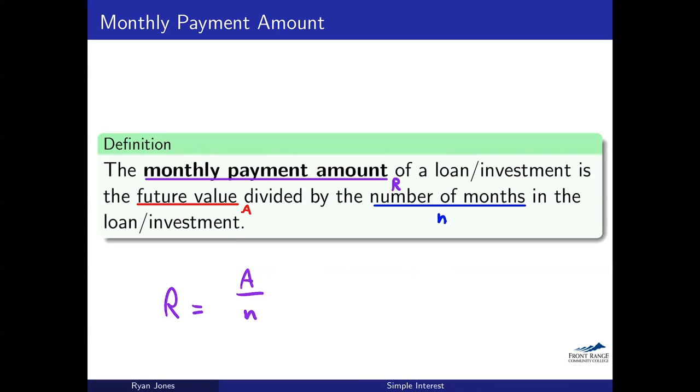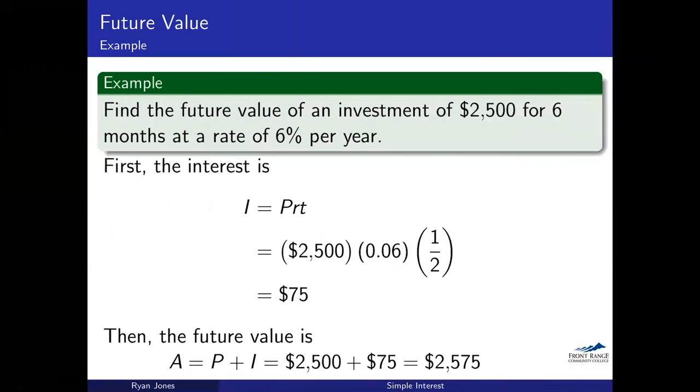And there we go. So with all this being said, let me sort of change the narrative here and talk about if this were an investment. Nothing changes here mathematically. It's just the wording changes. If I have an investment, so I put some money in and I accrue interest on that. So, I put $2,500 in, I accrue $75 of interest. This is how much I have at the end of all of it.